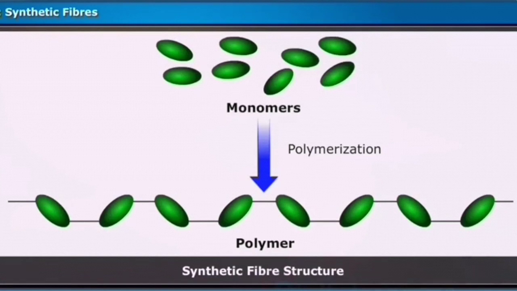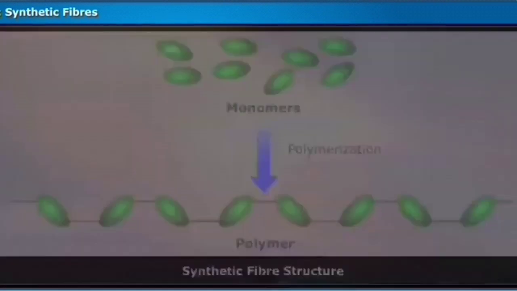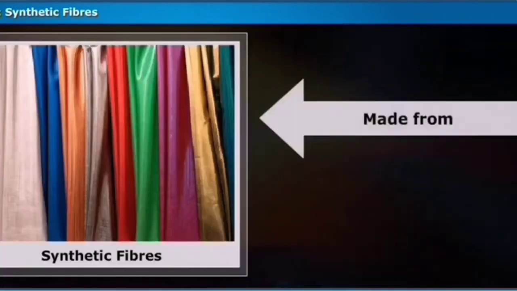Hence we can say that the synthetic fibers are made up of very large units called polymers. Unlike natural fibers, synthetic fibers are made from petrochemicals.